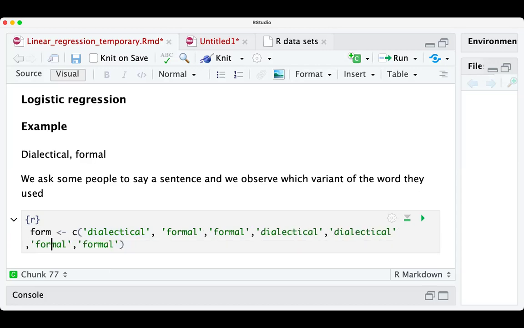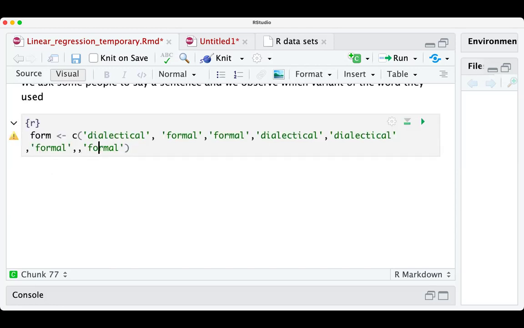At the end of the day, you will have a data set of this form.